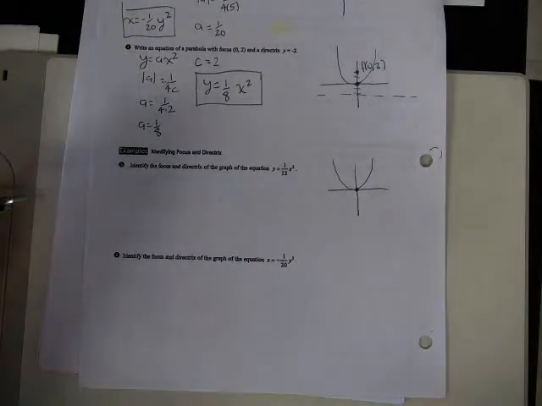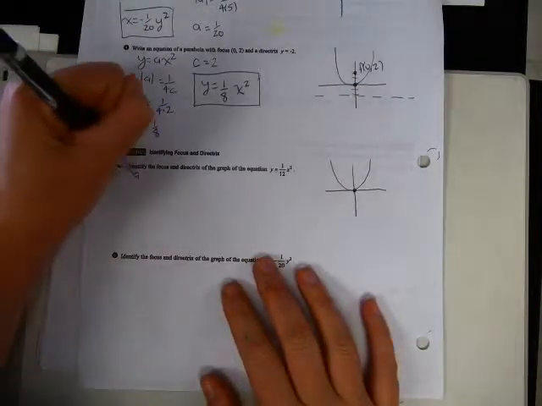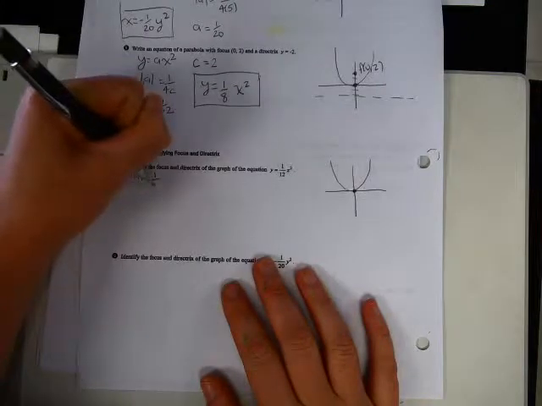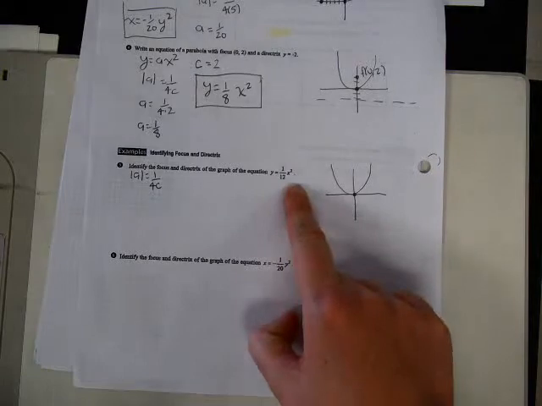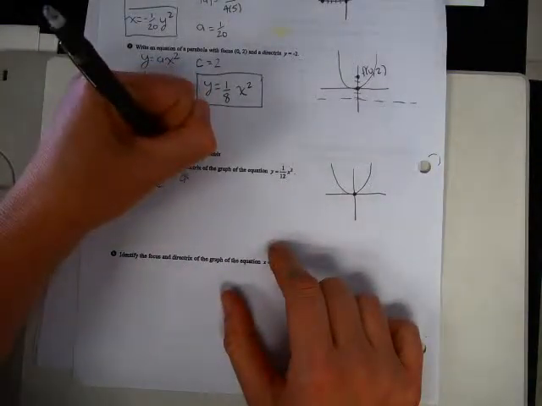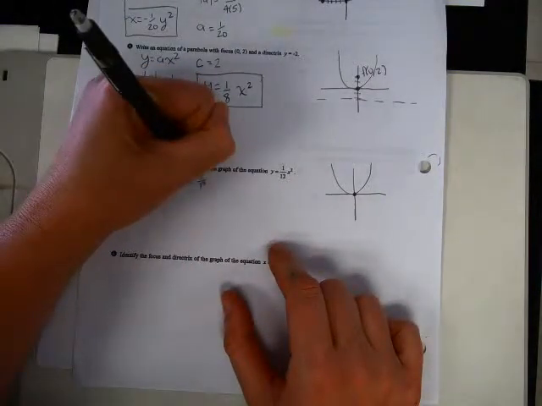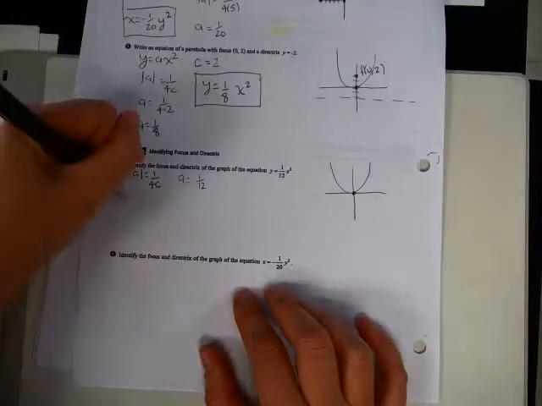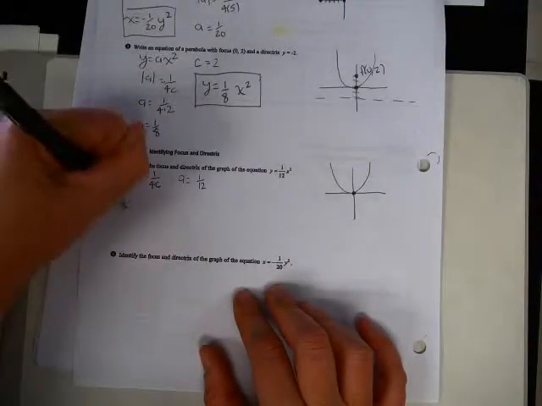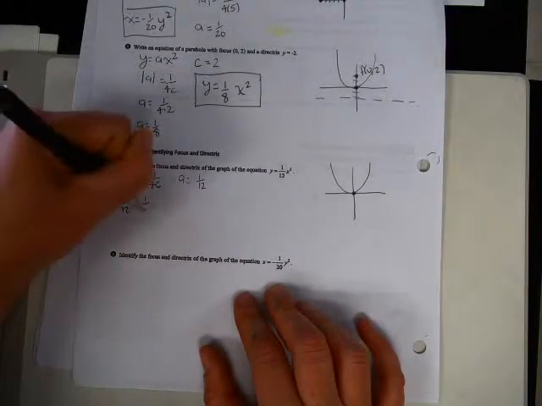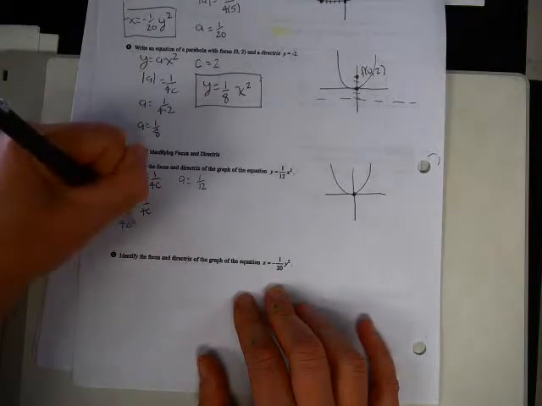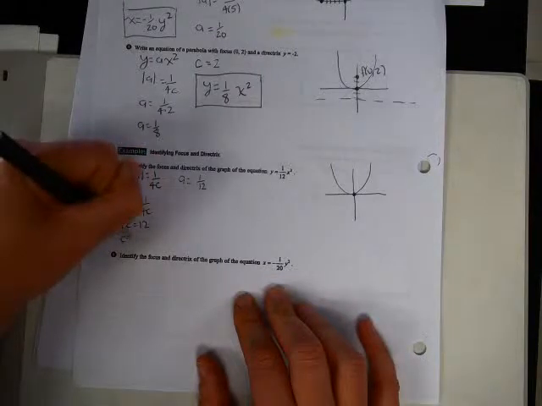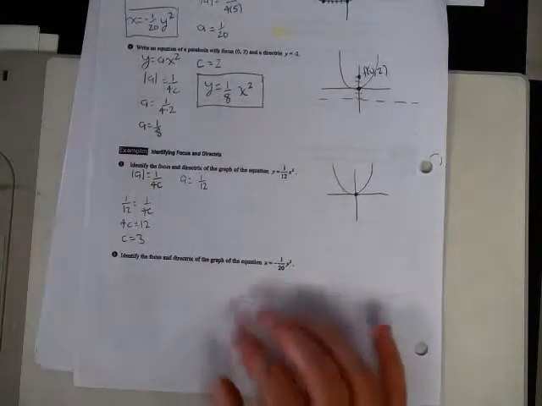I'm going to use my formula a equals 1 over 4c, and in this case my a is 1 over 12. So I will just plug that in. 1 over 12 equals 1 over 4c. 4c equals 12, and c equals 3.